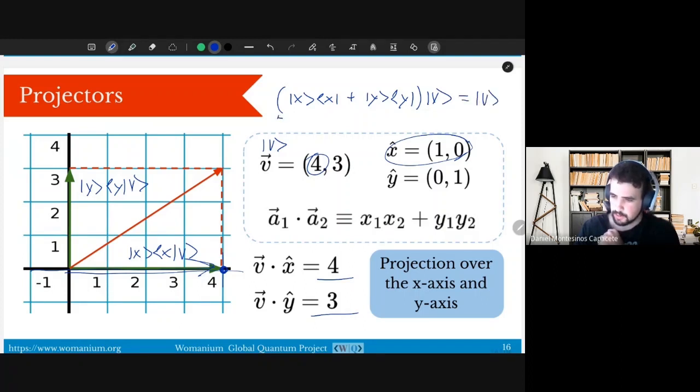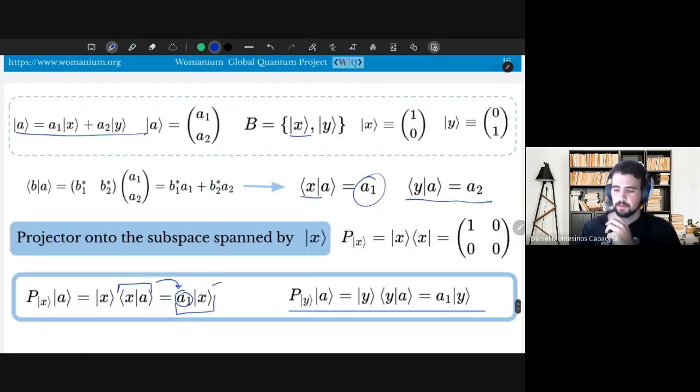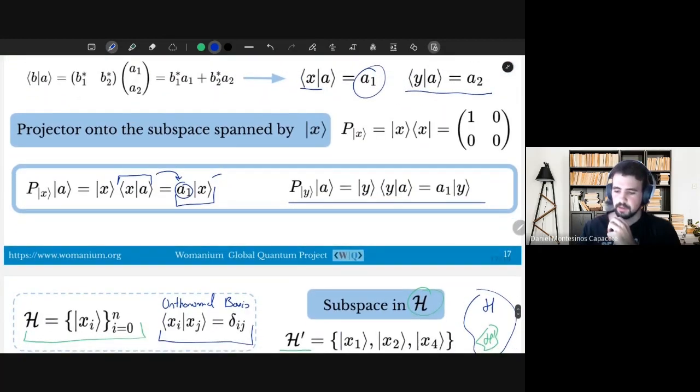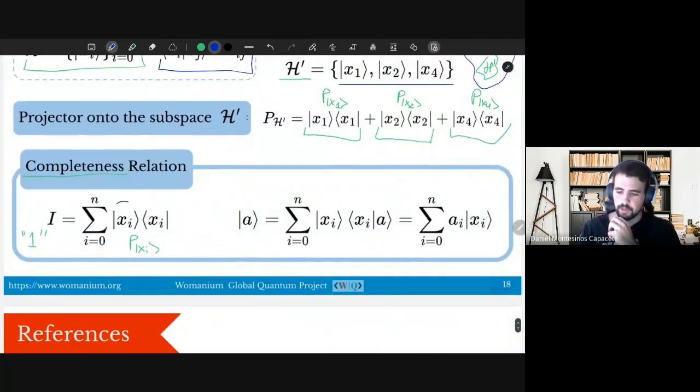So this here is the identity, right? This is basically what I'm saying: if you sum over every projector in your orthonormal basis, it is going to be the identity.